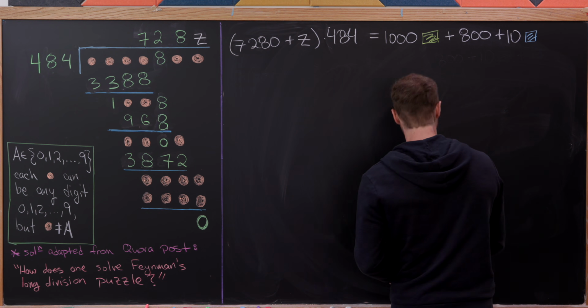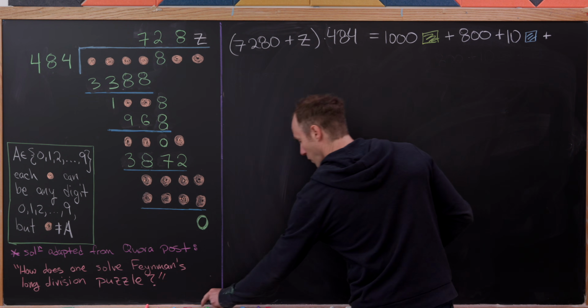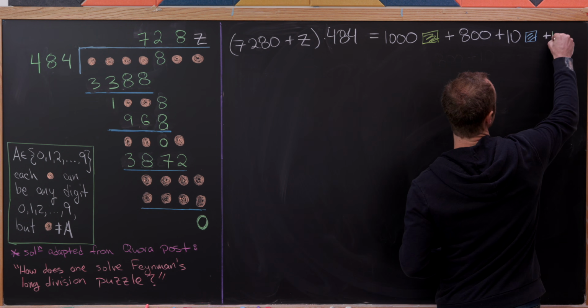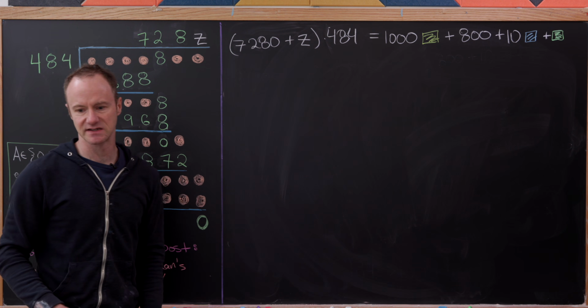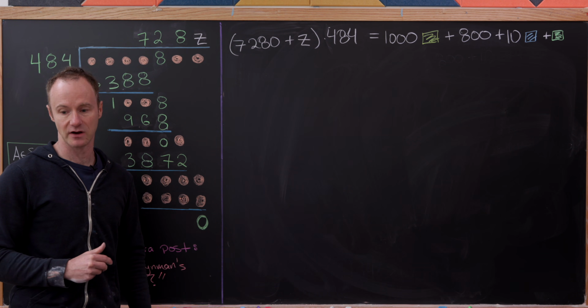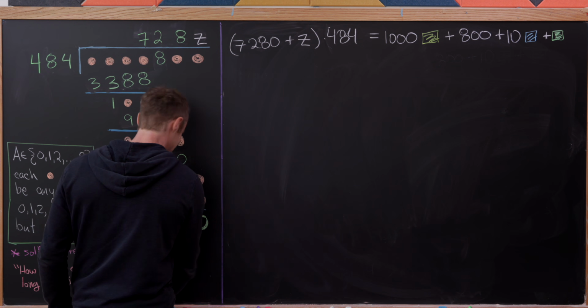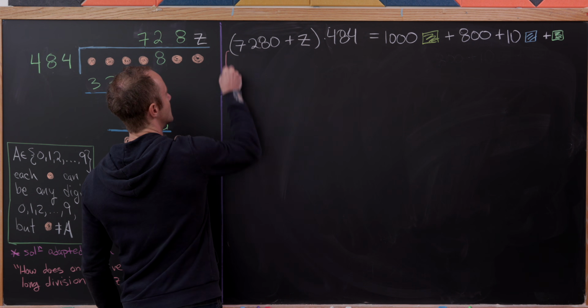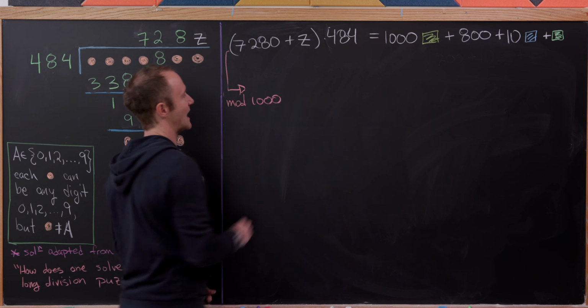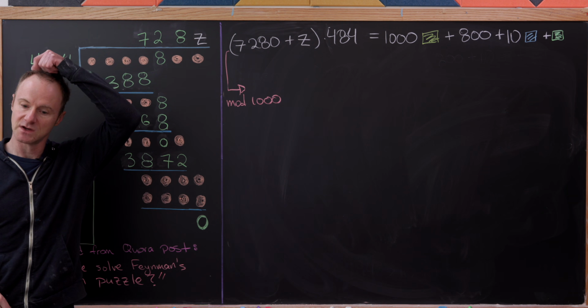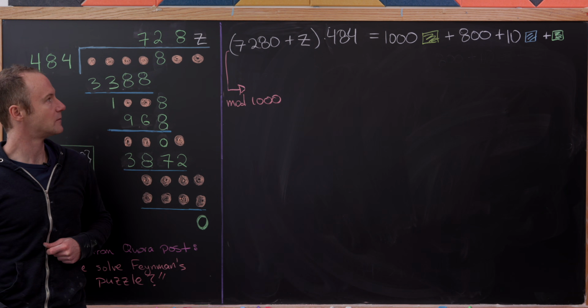I'll put a blue box. And then plus our ones digit, which I'll write as a green box. But now since I've put all of that stuff times 1,000 together, that motivates me to look at this entire equation mod 1,000. So in other words, we're going to divide by 1,000 and keep the remainder. So what does that look like now?